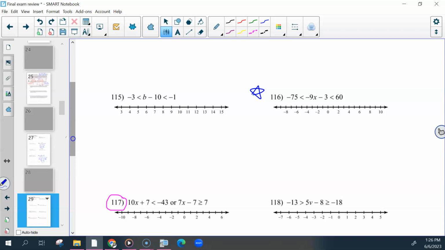You're trying to get the x in the middle by itself, so get rid of everything else by doing it to all sides. So add 3 to everything, except the negative 9. Divide everything by negative 9. Because we're dividing by a negative, all the signs are going to change directions.